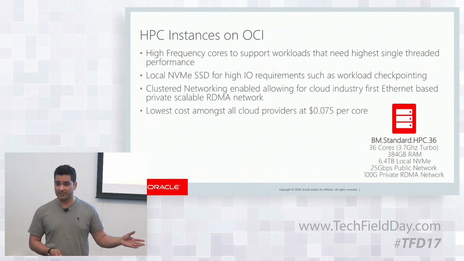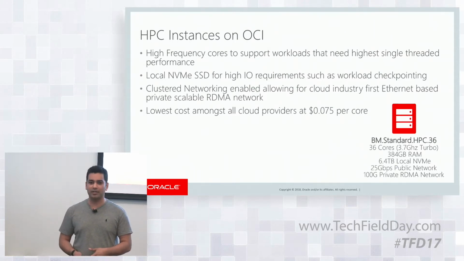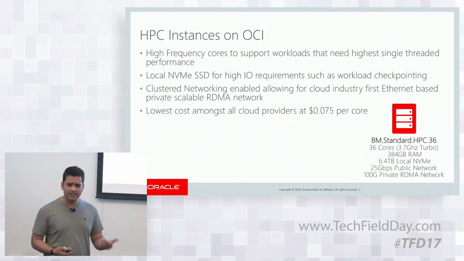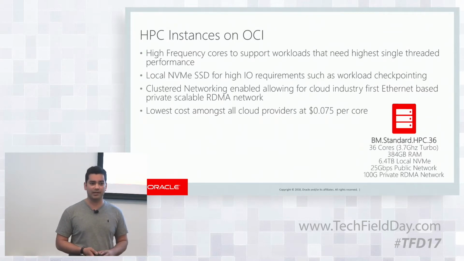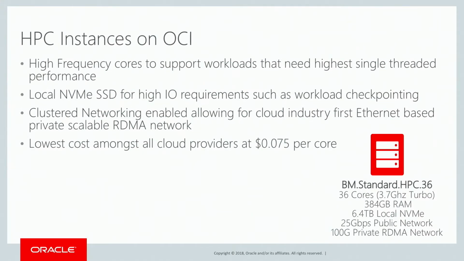So talked about HPC instances. These are the first iteration of what a clustered network-enabled instance looks like. So this is going to have essentially high-frequency processors from Intel. They're still Skylake generation-based today. We are going to be moving to, obviously, future generations in the future. So this is 3.7 all turbo, base frequency of 3.0.